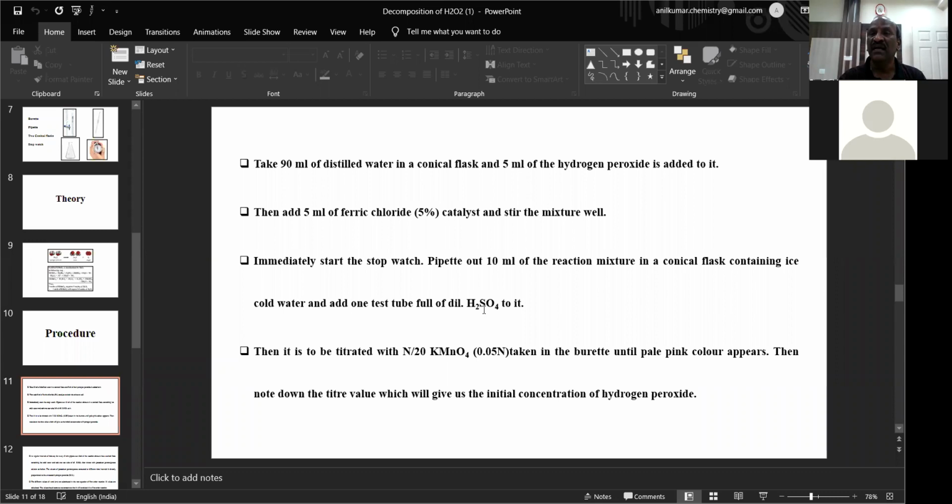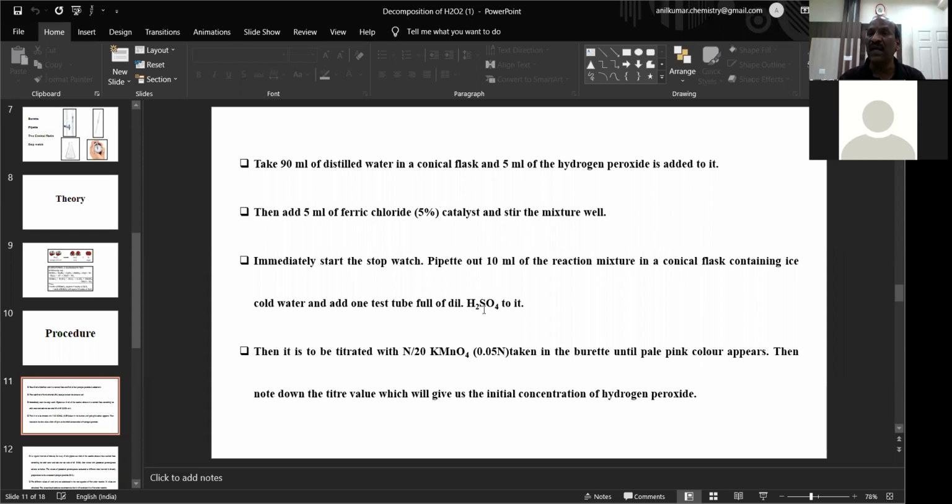Transfer into that, and then immediately you have to note down the time, and then you have to titrate that mixture against the KMnO4 which we took in the burette. Then what will happen at the end point? The colorless solution becomes light pink in color. That means the reaction is over.